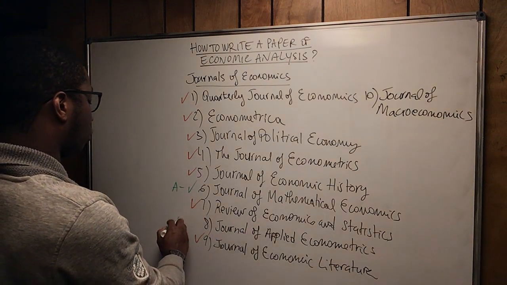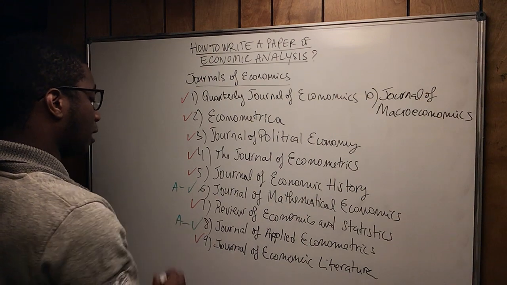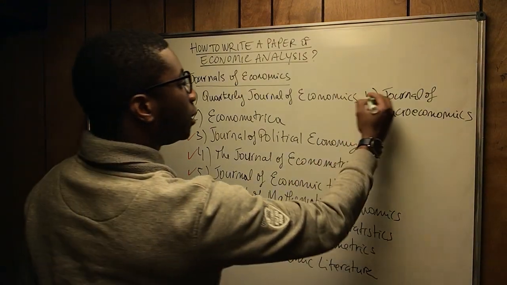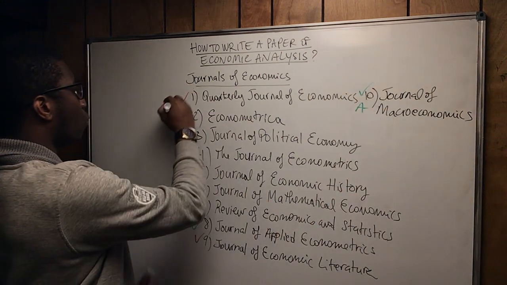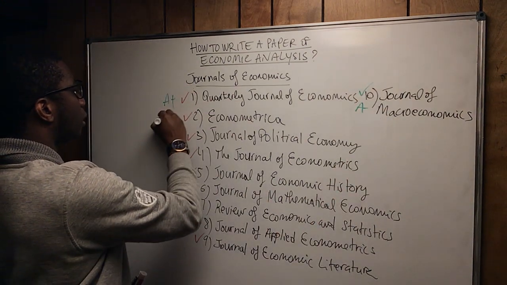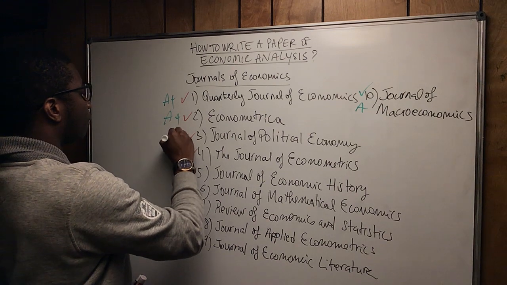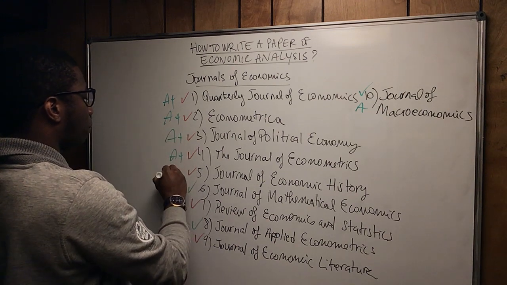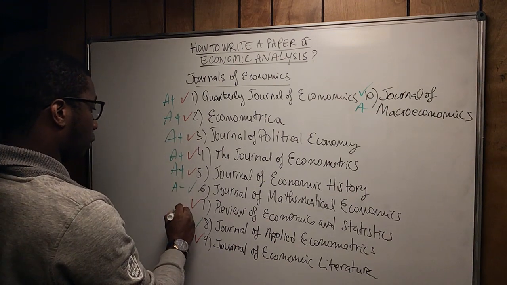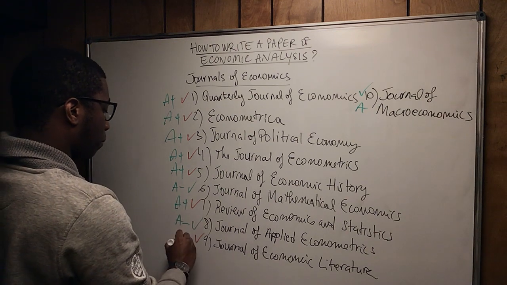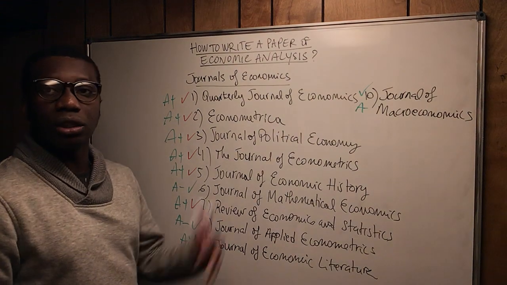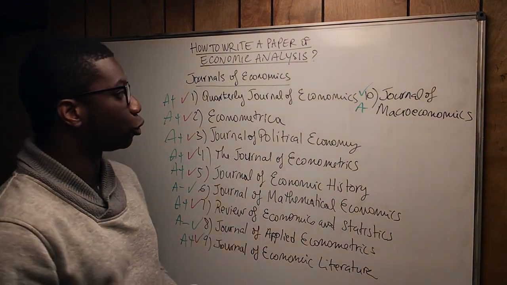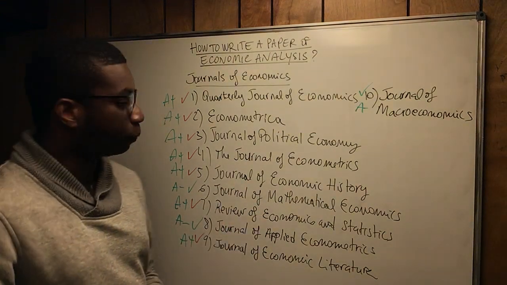Journal of Applied Econometrics, A minus, and then this is also A minus, but the rest they're all A's. So this is A plus, A plus, A plus. So yeah, these are some of the journals that you can submit your papers to.